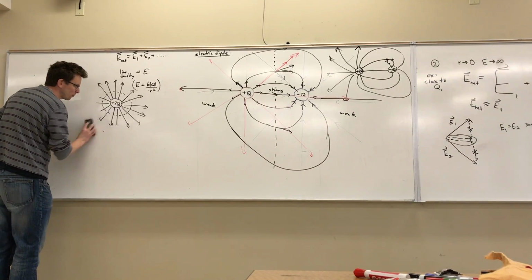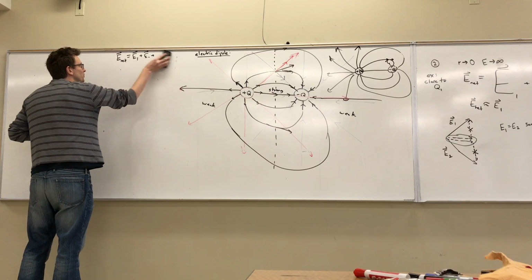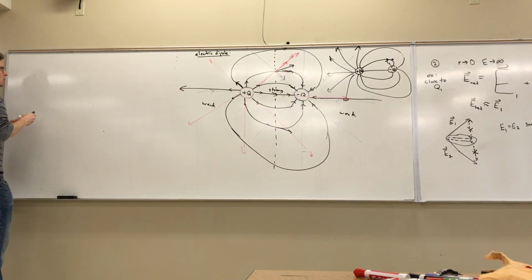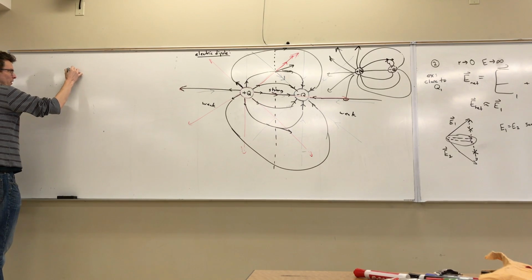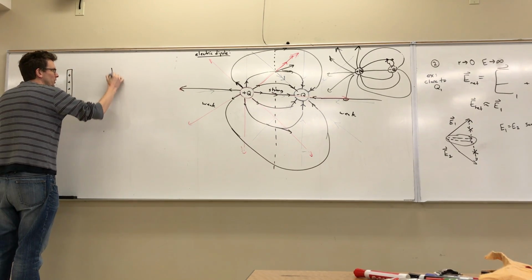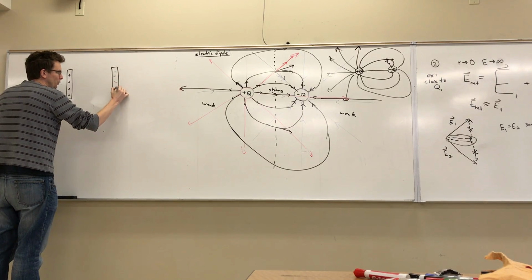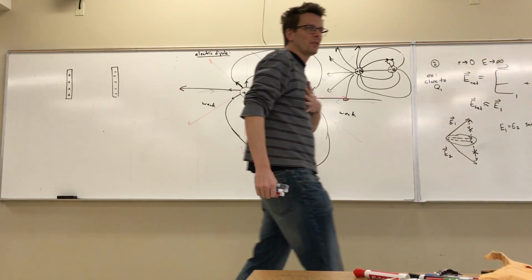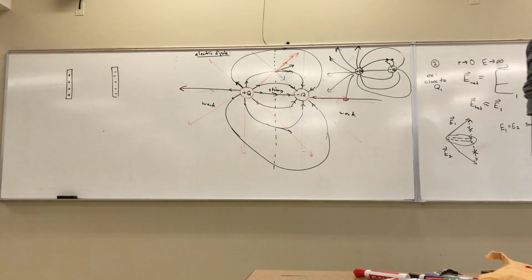So just to give you a little preview of where we're going, one of the things you can do is you can smear charge into other configurations besides just point charges. So the focus of homework number 1 is certainly only point charges. So this is what we say is discrete collections of point charges.